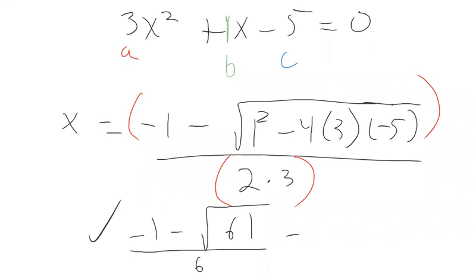If you type it all in, type it like you're doing the red, and you get a decimal of, let's see here, parentheses, -1 minus the square root of 61 all over 6, which gives me -1.47.